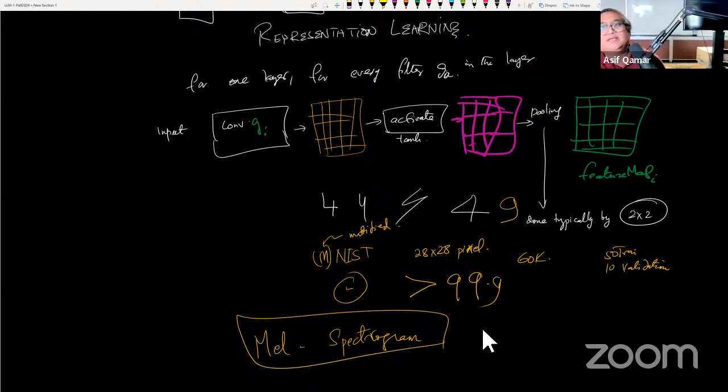I want you to write a classifier that distinguishes the chirping of a bird from the barking of a dog. So given a sound, it should be able to tell, was that a bird chirping or was that a dog barking? With CNN, see how far you go. Try it with a model of your own.